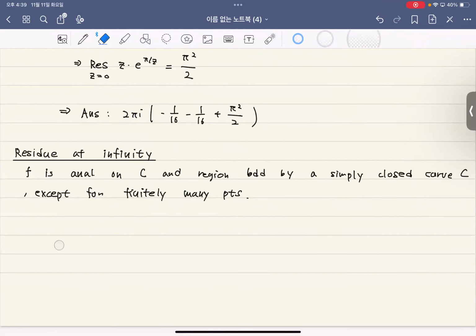So I have a curve here, and this guy is now positively oriented, and it contains some isolated singularities from z1 to zk.